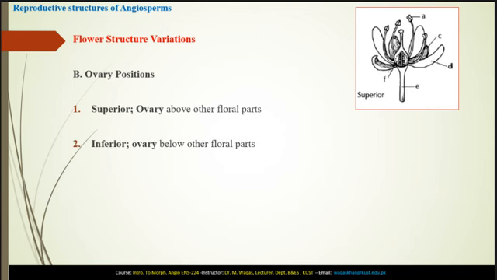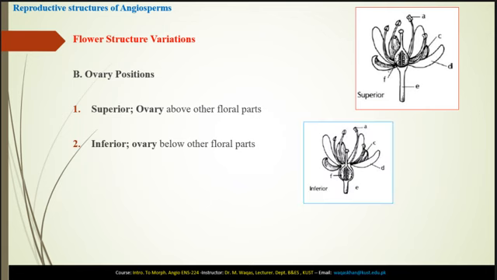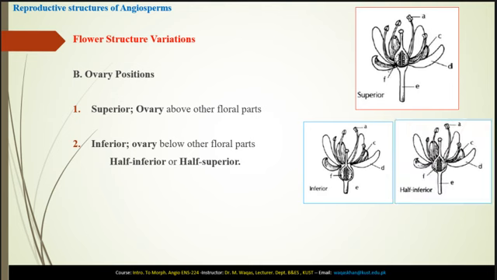Similarly, the second one is the inferior ovary. As the name indicates, inferior, below. As you can see here, all the floral parts are above the pistil, or simply we can say the ovary, right? So the inferior ovary is below the site of attachment of other floral parts like sepals, petals, and stamens, etc. Basically, the ovary can also be half inferior or half superior, as you can see in this figure.